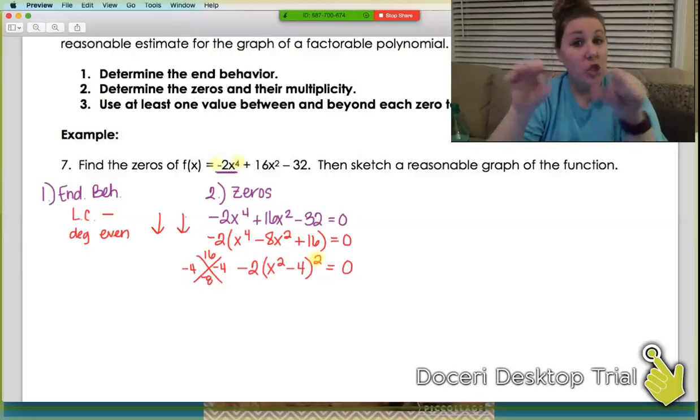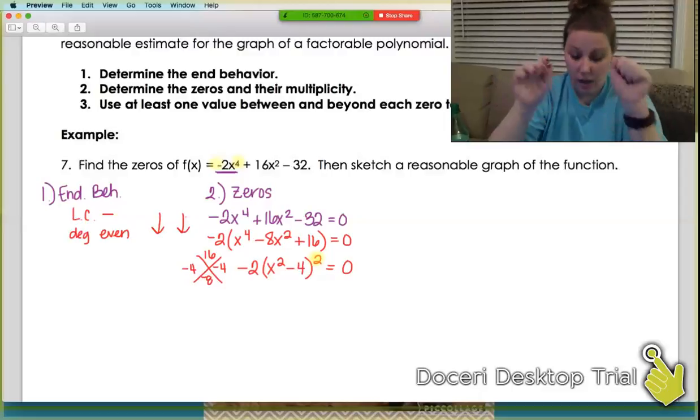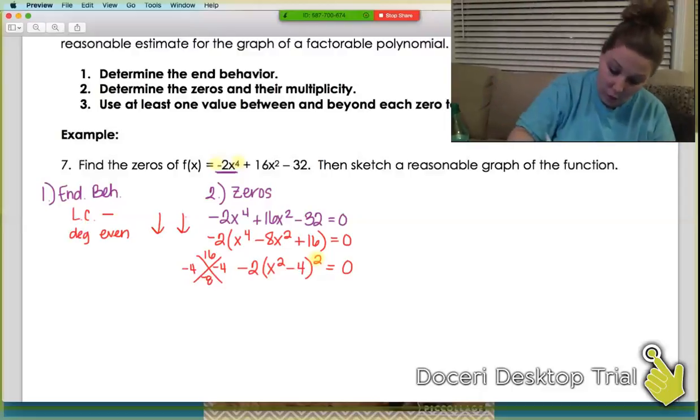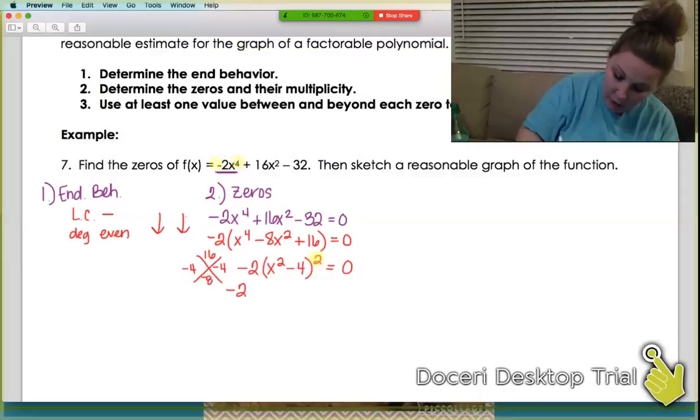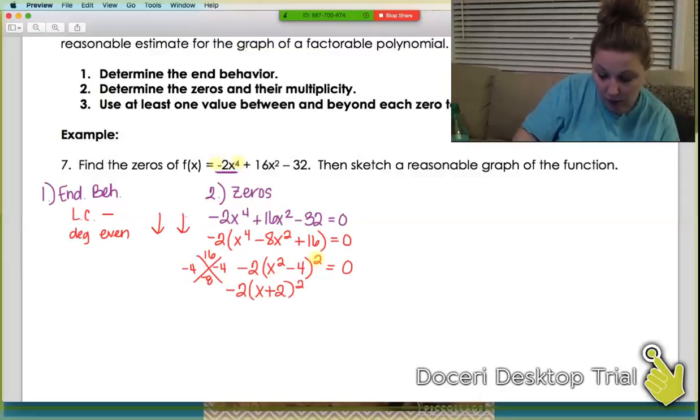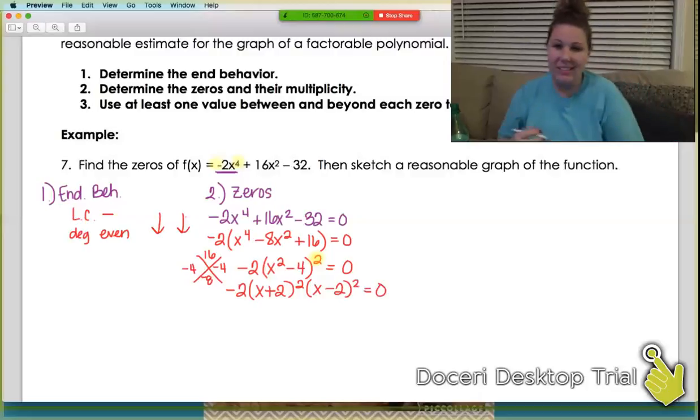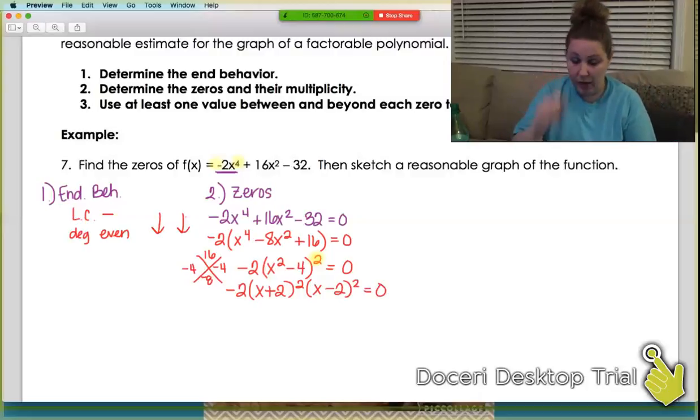So I'm going to get 2 matching sets of factors. So what we'll end up with is negative 2 times x plus 2 squared and times x minus 2 squared, because that was a difference of squares. That's kind of a unique one. A lot of times you won't see that, but that is something that you want to keep track of.